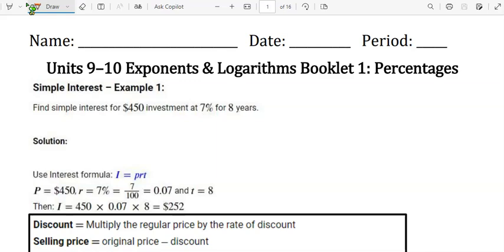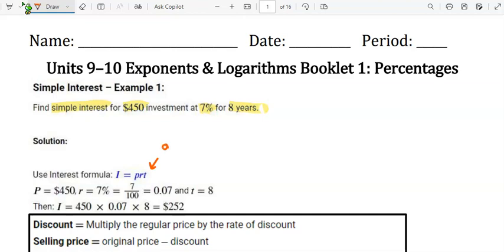Simple interest. Example 1. Find simple interest for $450 investment at 7% for 8 years. Solution. Use interest formula I equals PRT.